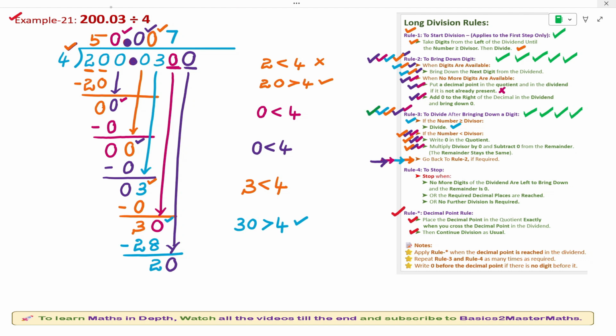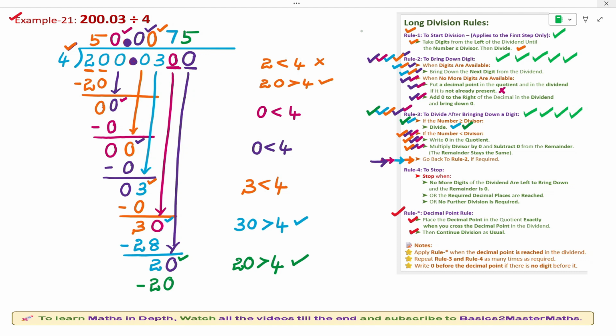Let us apply rule 3 again. Observe, now the number is 20, which is greater than the divisor 4. So, as per rule 3, if the number is greater than or equal to the divisor, then divide. 4 5s are 20.